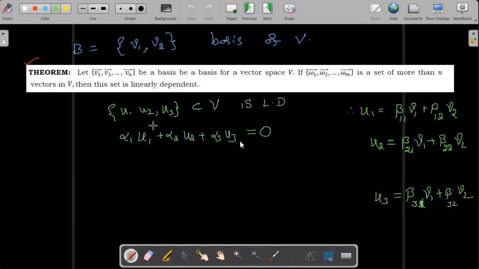Now if you substitute everything here, you can see what is the coefficient of v1. That is alpha 1 beta 11 plus alpha 2 beta 21 plus alpha 3 beta 31, this into v1, plus what will it be?